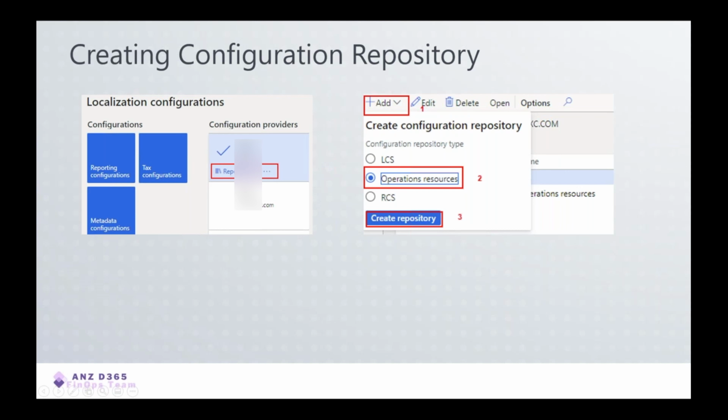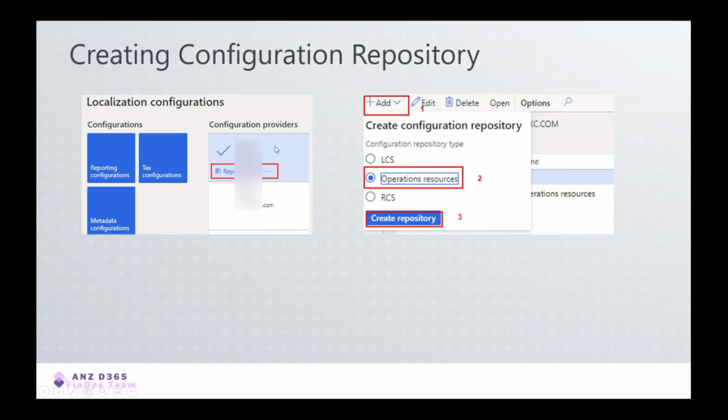Right now, I have just mentioned DXE. The purpose of the DXE configuration provider is that if I would like to make any enhancement to the existing report, or create my report from scratch, then I will be using my configuration provider.